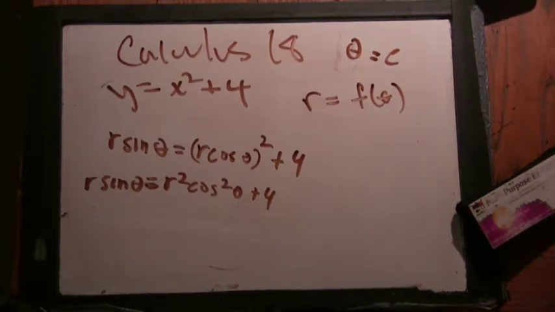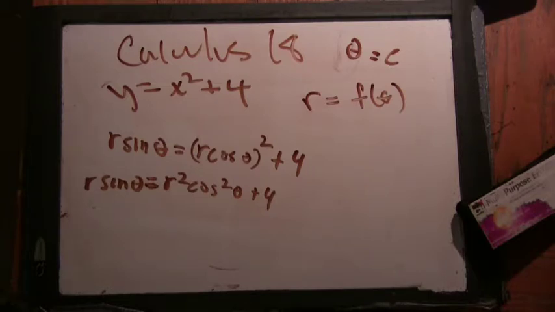So we need to isolate r somehow. What's the issue? The issue is the r squared. So what are some things you know how to do with equations that have squares in them? Well, taking the square root, but that's not going to help here. Doing quadratic things on them.